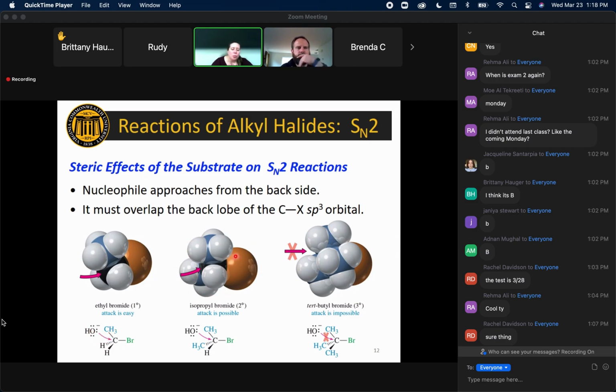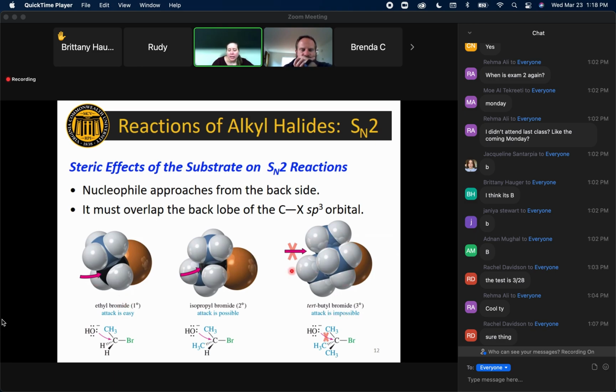As soon as you put even one more group on there, if you have a secondary carbon with two R groups coming off instead of just one R group, the space that your nucleophile has to access the electrophilic carbon is small. So it is possible to have that reaction work here. It does happen, it happens frequently, but it's a lot harder than if you have a primary alkyl halide.